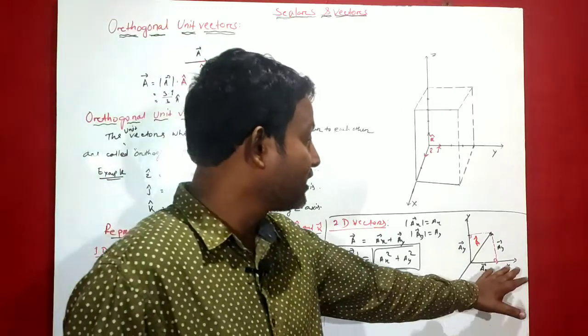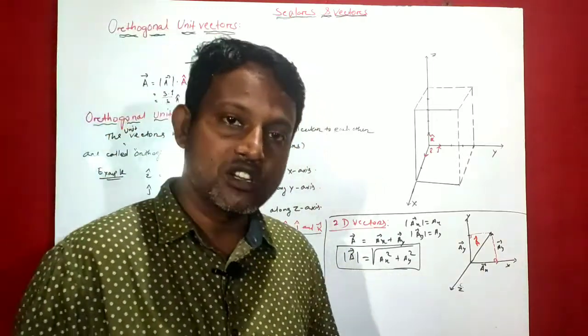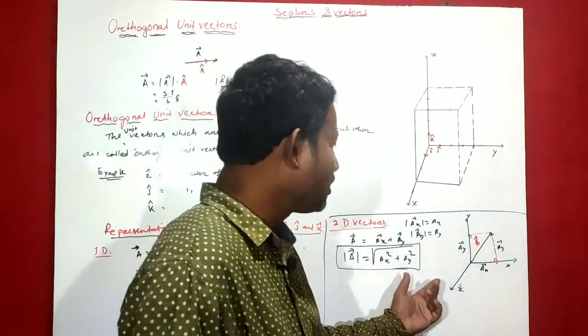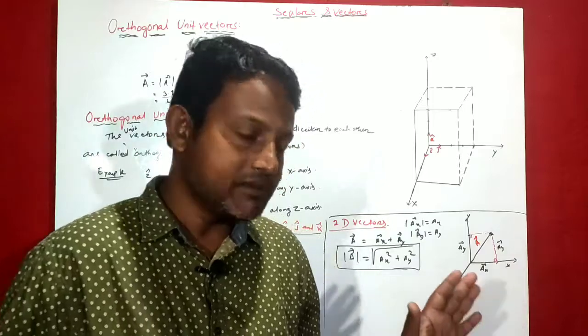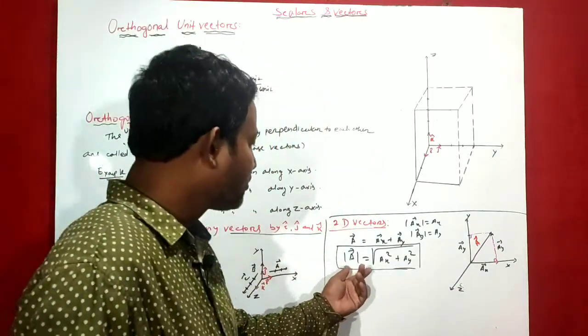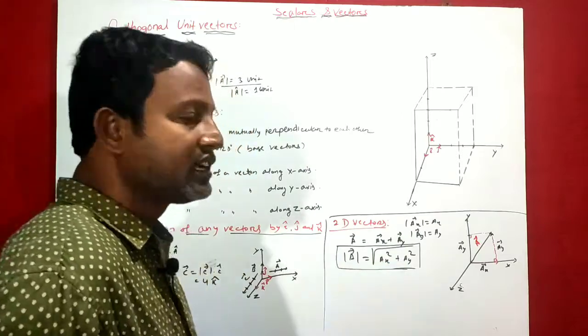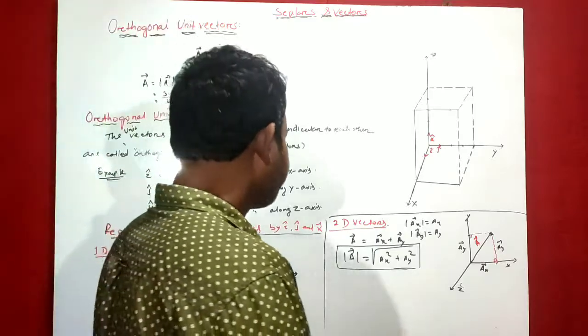Cos theta here is cos 90 degrees. Sin 0 is 0 and cos 0 is 1, that means cos 90 is equal to 0. So AB cos theta becomes 0, and this will be the result.